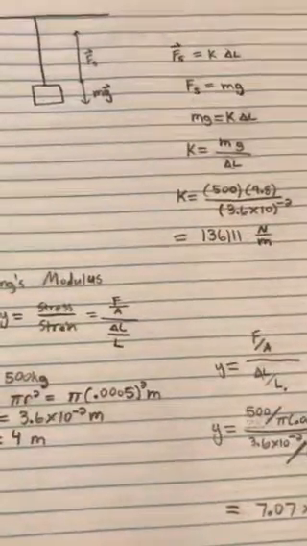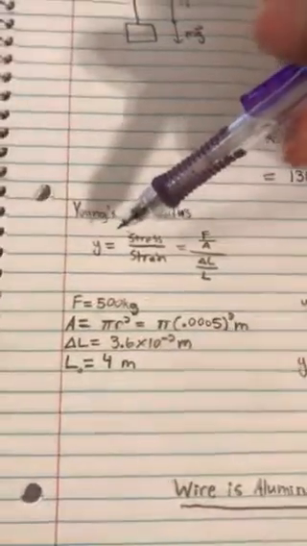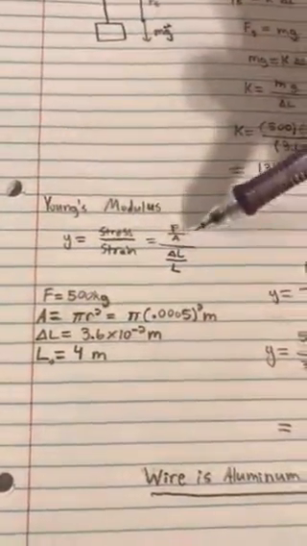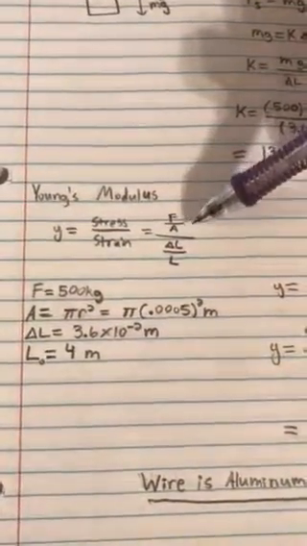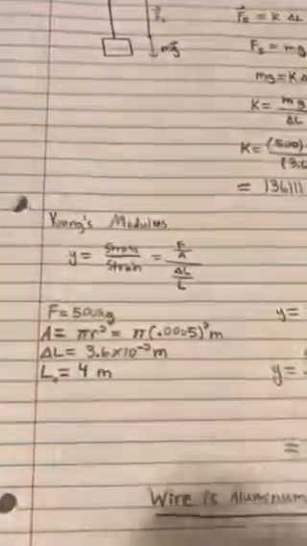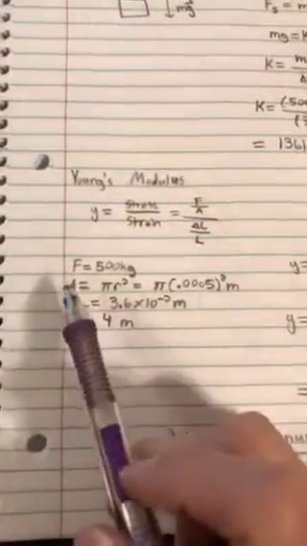Alright, and then B is, what is the value of Young's modulus for this alloy? Young's modulus equals stress over strain, this is the equation right here. Then we write down everything we've been given.